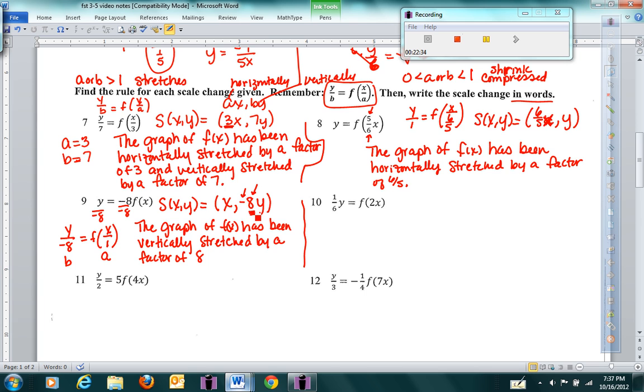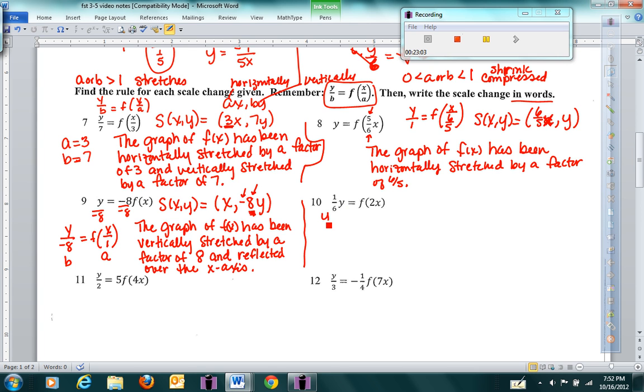We're going to use the 8 for the stretch because the negative sign means something different. And we're going to have an and here, reflected over the, when the negative's on the y, look on your note card if you can't remember, but it's being reflected over the x-axis. Okay? Alright, let's try to tackle this one.